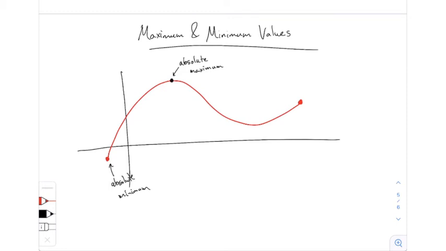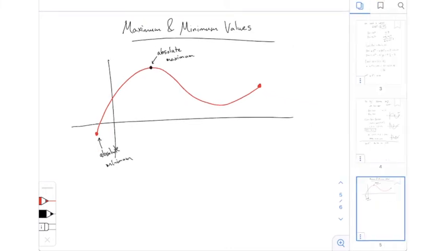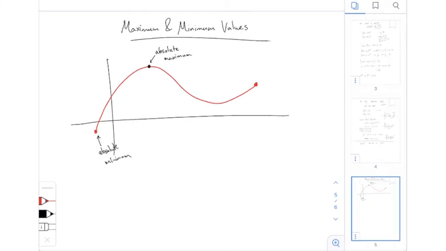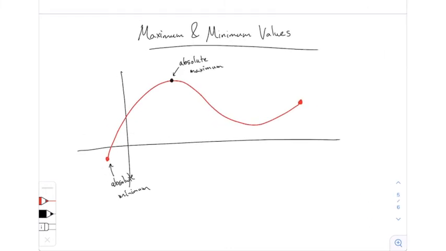There's also this point right here, which you probably feel is some kind of a minimum point, although it is not the lowest overall because there are many points over here which are lower down, but it is still important. This is called a local minimum.